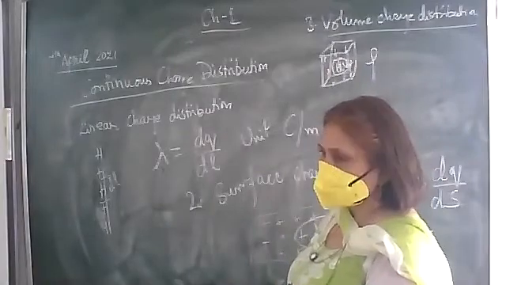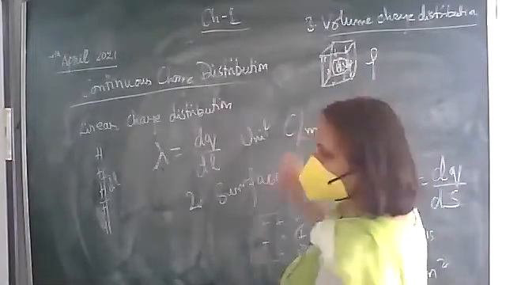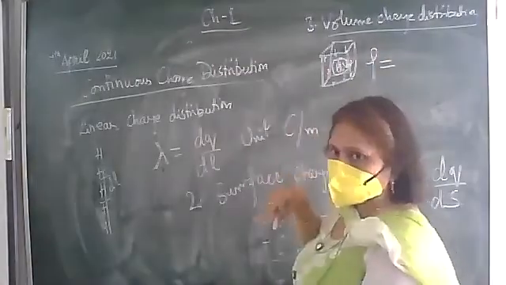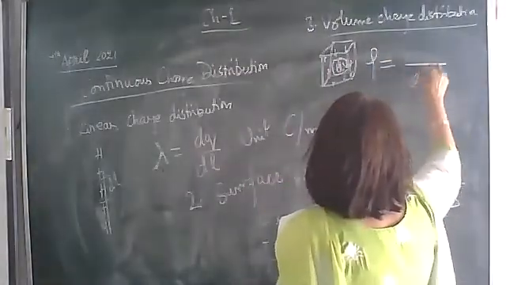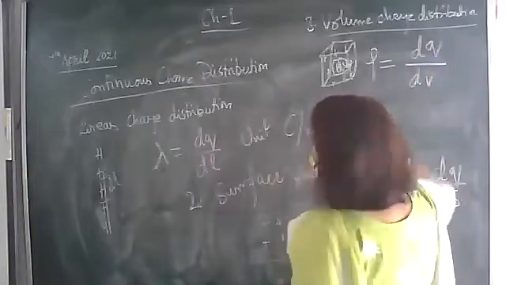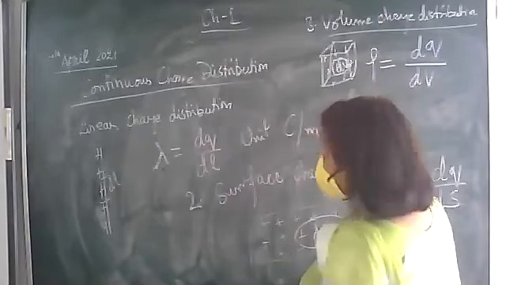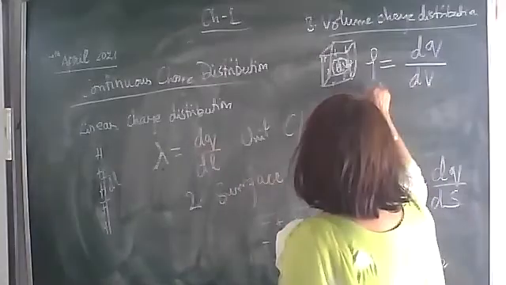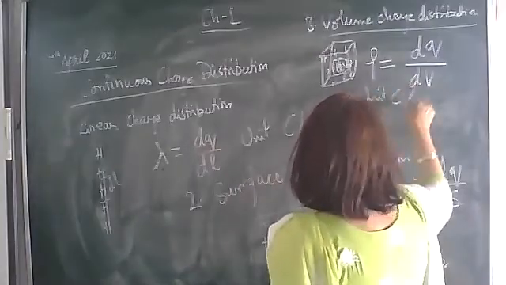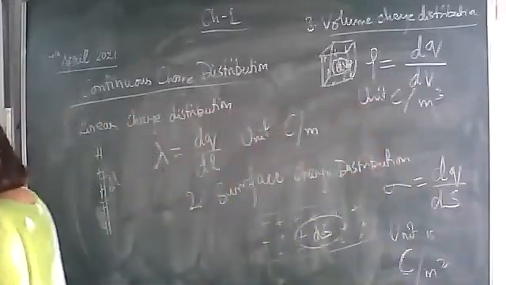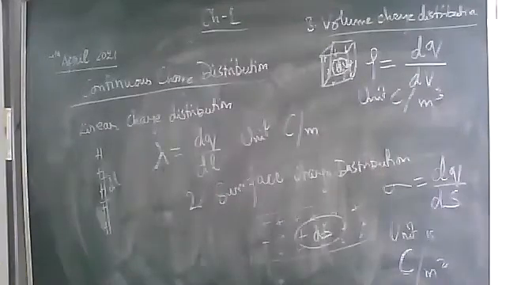This is the symbol rho. Volume charge density is given by charge per unit volume. Let in small volume dV, small charge dq be there. So charge per unit volume is called volume charge density, and its unit will be coulomb per meter cube.